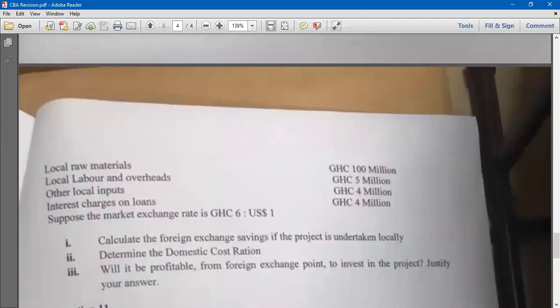When we use local raw materials, we have 100 million. Local labor, we have 5 million. Other local inputs, we have 4 million. And interest charges on loans, we have 4 million. Suppose the market exchange rate is 6 Ghana cedis per $1. We have to calculate the foreign exchange savings if the project is undertaken locally.